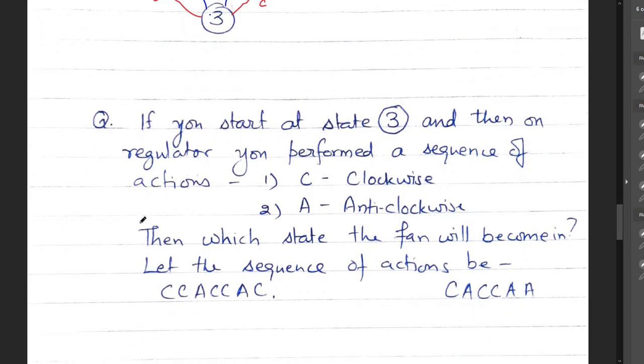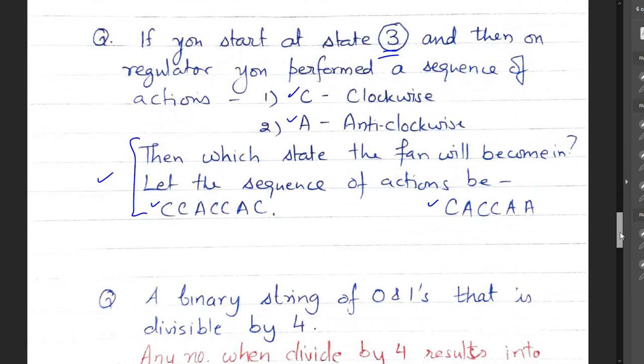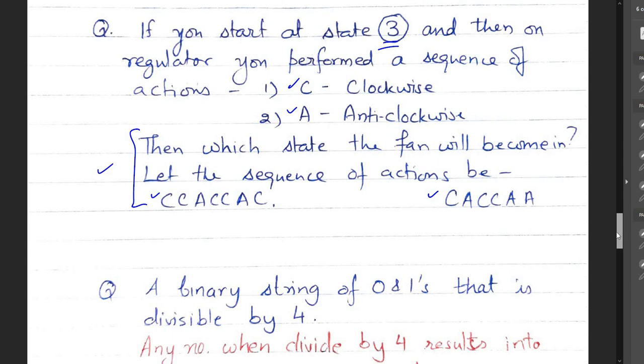As an example, you can try out these two things. If you are at state 3 and you have two types of actions, clockwise and anti-clockwise, and you choose this particular sequence, at what state will you reach, and if you take this other action sequence, where will you end up? You can try to answer that by yourself.